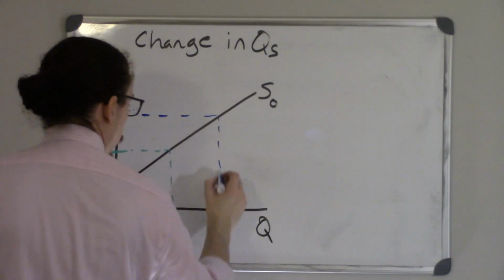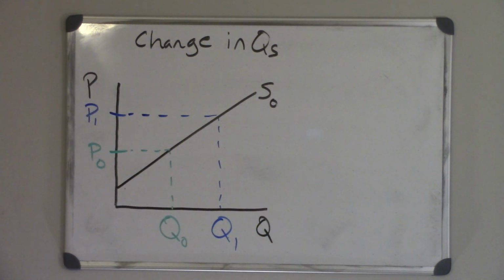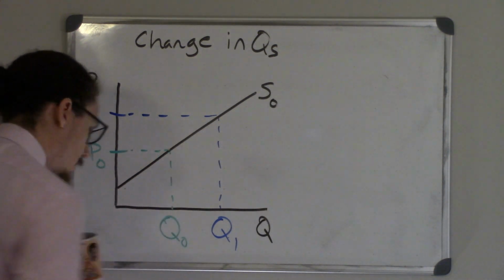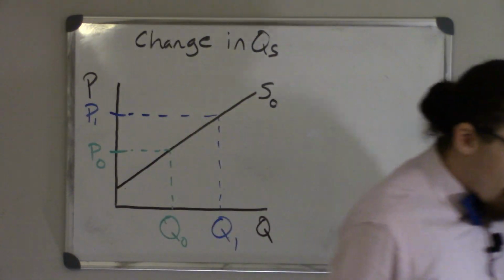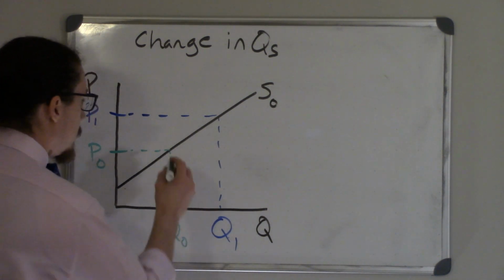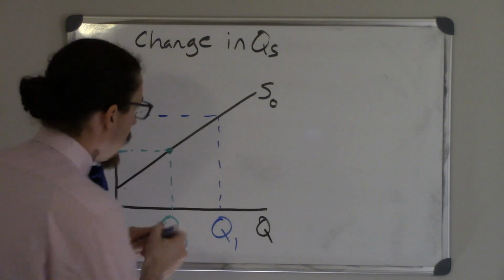Well, then with that increase in price, we also have an increase in quantity supplied, right? As we already know. This is a change in quantity supplied. Right, price changed, and so did quantity supplied. And that really is a key feature, that both price and quantity supplied changed.